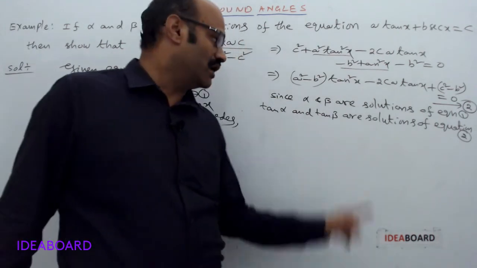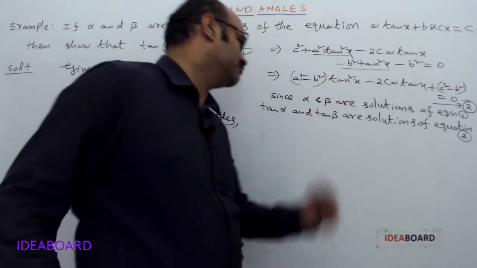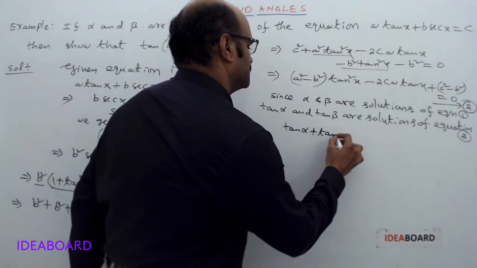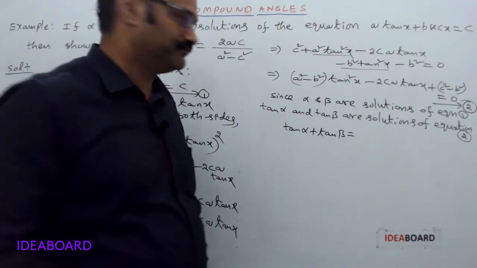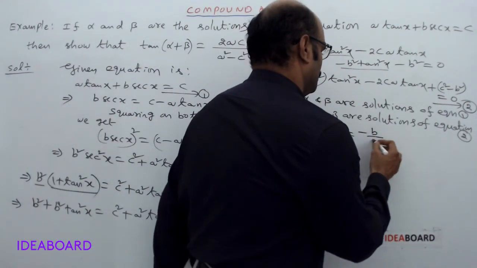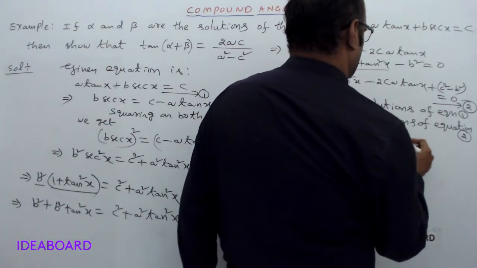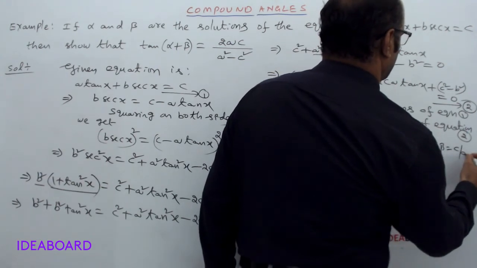Now, tan alpha plus tan beta equal to the sum of the roots, the formula is minus b by a. Product of the roots formula is tan alpha into tan beta equal to c by a.